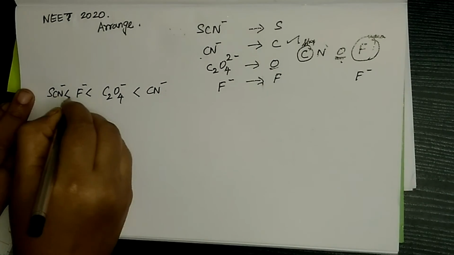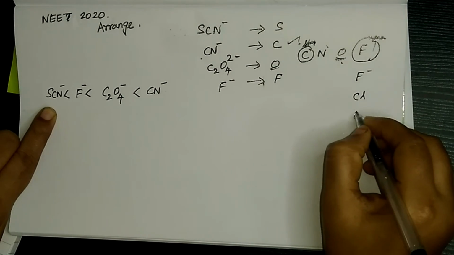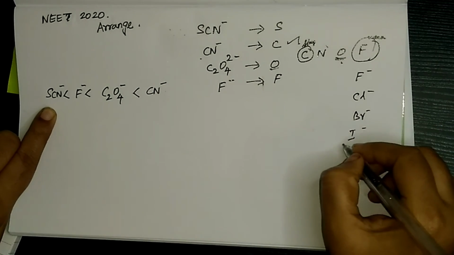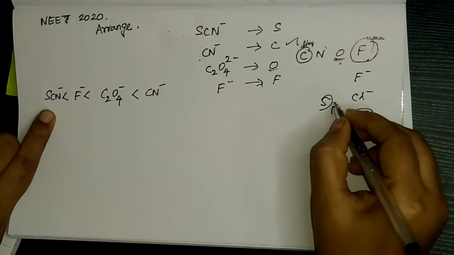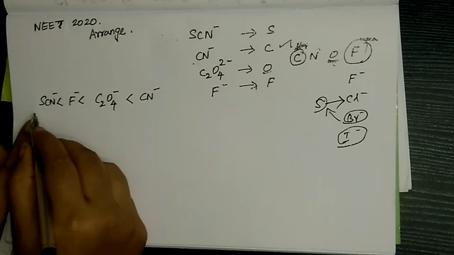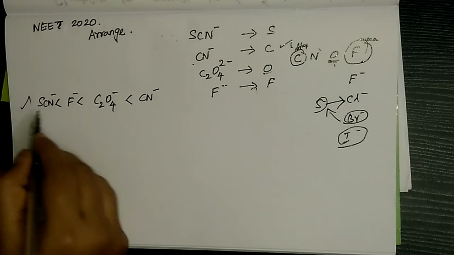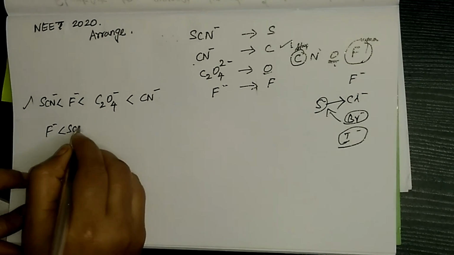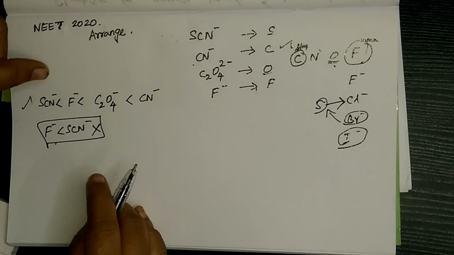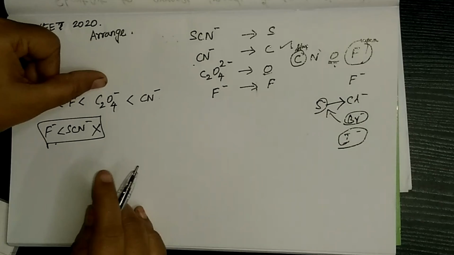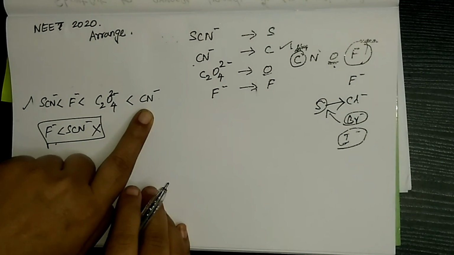So exceptional case, SCN is the weakest ligand because we saw that fluorine, chlorine, bromine, iodine. So after I minus and Br minus, S will come. Then only chlorine. So this is the option given, and this is the correct option. You have 4 different options and you have F minus and SCN. This is wrong. So SCN is the weaker, then fluorine minus, then oxalate ion, and then CN minus. Hope this helps.